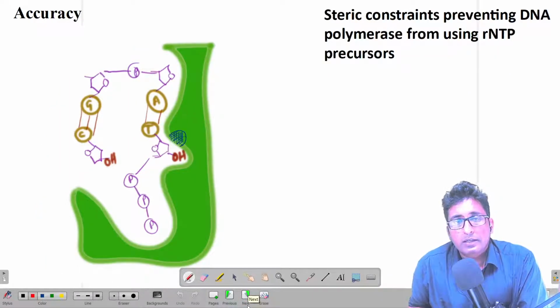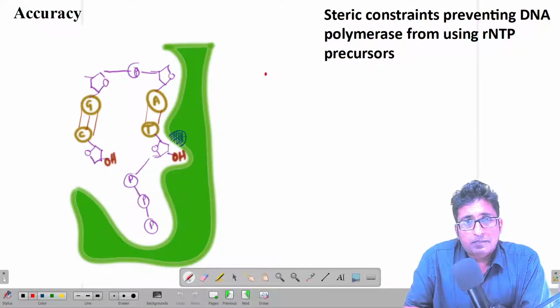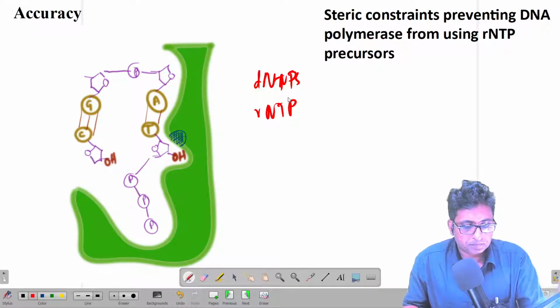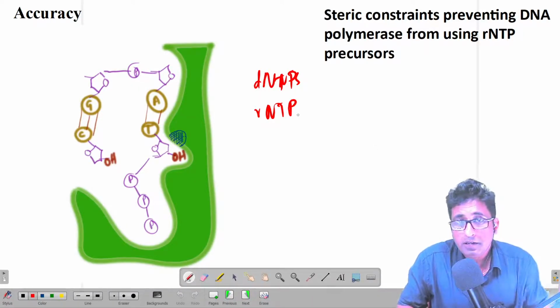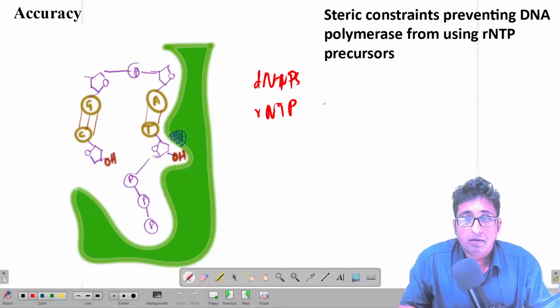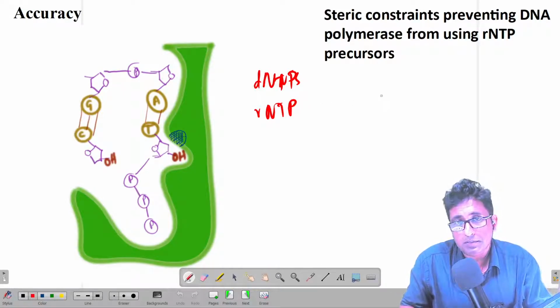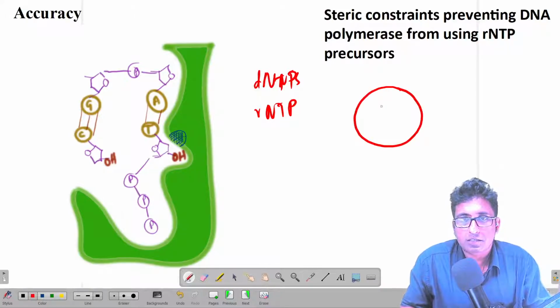The second one is, we discussed that there are dNTPs and there are rNTPs, ribonucleotide triphosphates. We should remember that especially in eukaryotes, there is a nucleus, and transcription and replication are all happening in the nucleus itself.